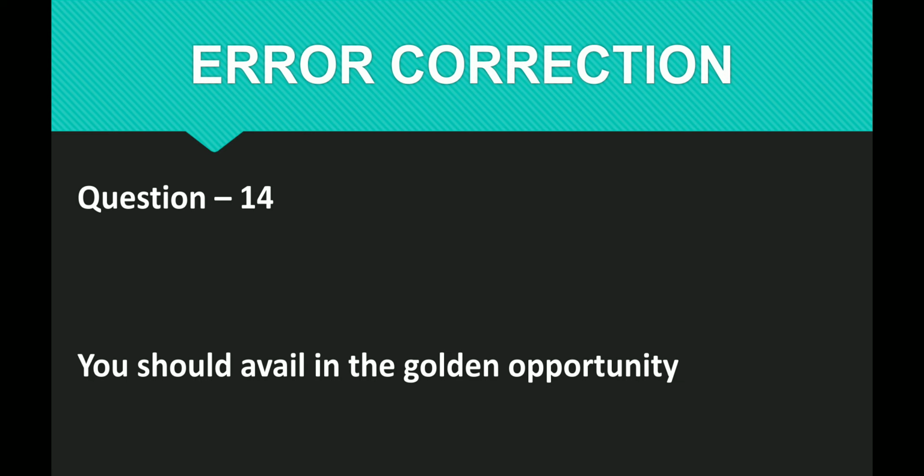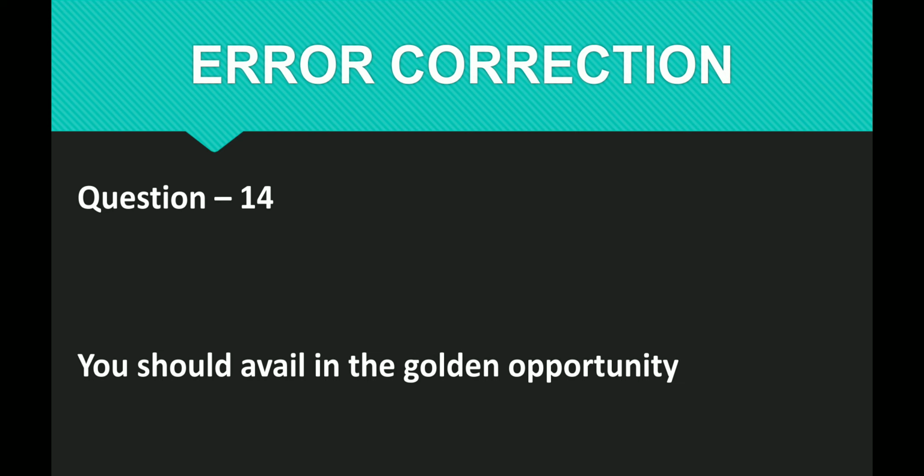Here is question number 14. You should avail in the golden opportunities. Friends, very important rule. Most of the students make mistakes in this question. The word avail is a very key and important word. If you know all the rules of avail, then you can definitely correct the question.